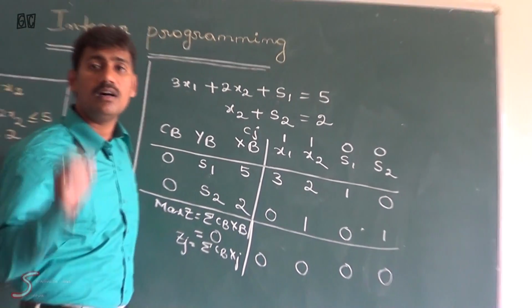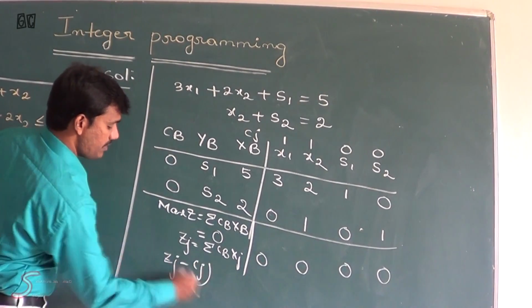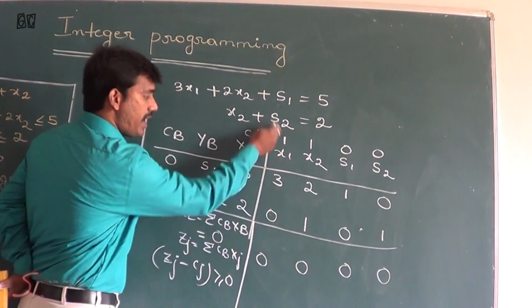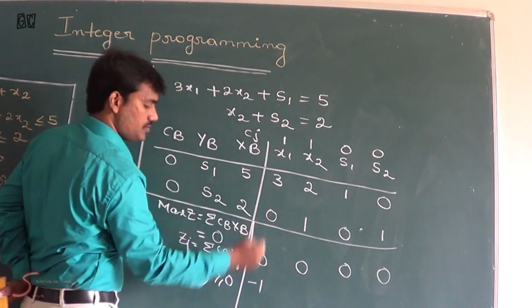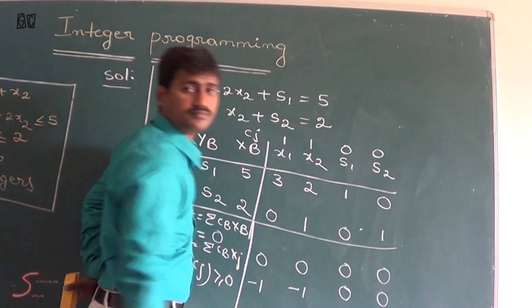After this we have our net evaluation condition, that is all zj minus cj greater than or equal to 0. That is 0 minus 1, that is minus 1, 0 minus 1 again minus 1, 0 minus 0 is 0, and 0 minus 0 again 0.